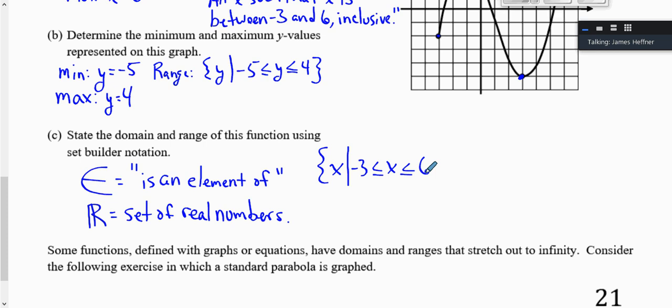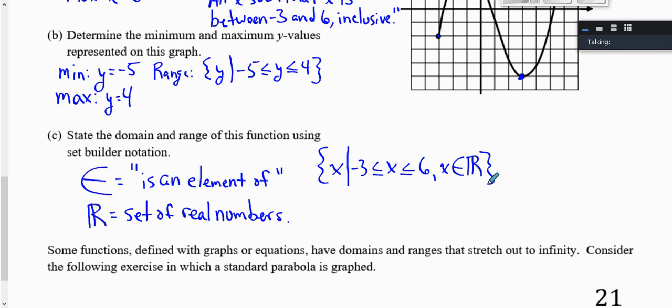And I'm going to put a comma, and I'm going to state what set my X's belong to. So X is an element of the real numbers. So we've added a little bit to that notation, so that would be the complete, exhaustive set builder notation.